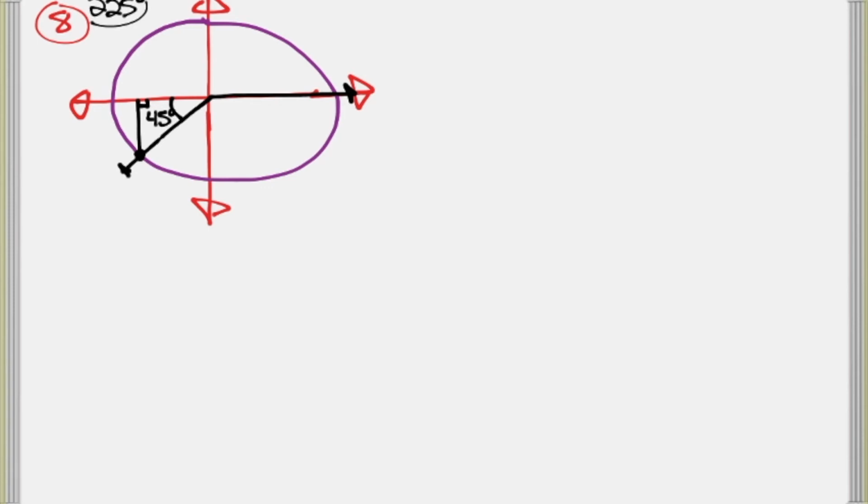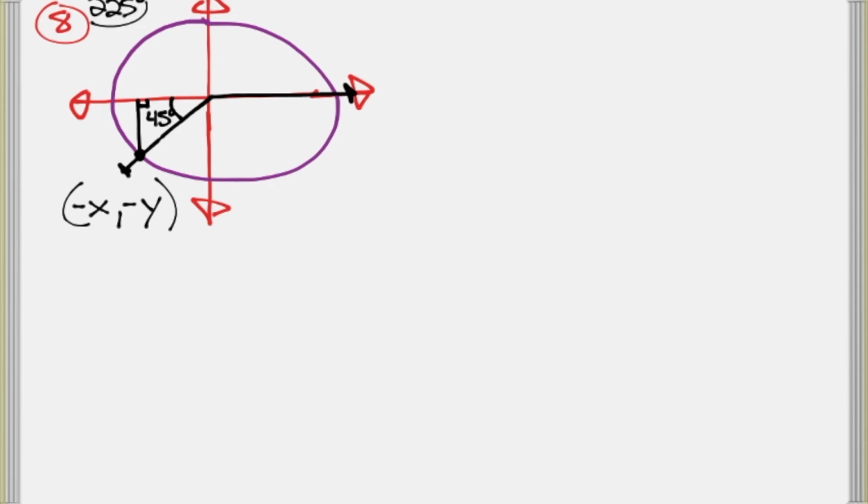The biggest thing is you have to notice what quadrant your terminal side is in. Since this terminal side is in quadrant 3, when you look up those values in the chart, it's negative x, negative y. So both of those values are going to be negative.